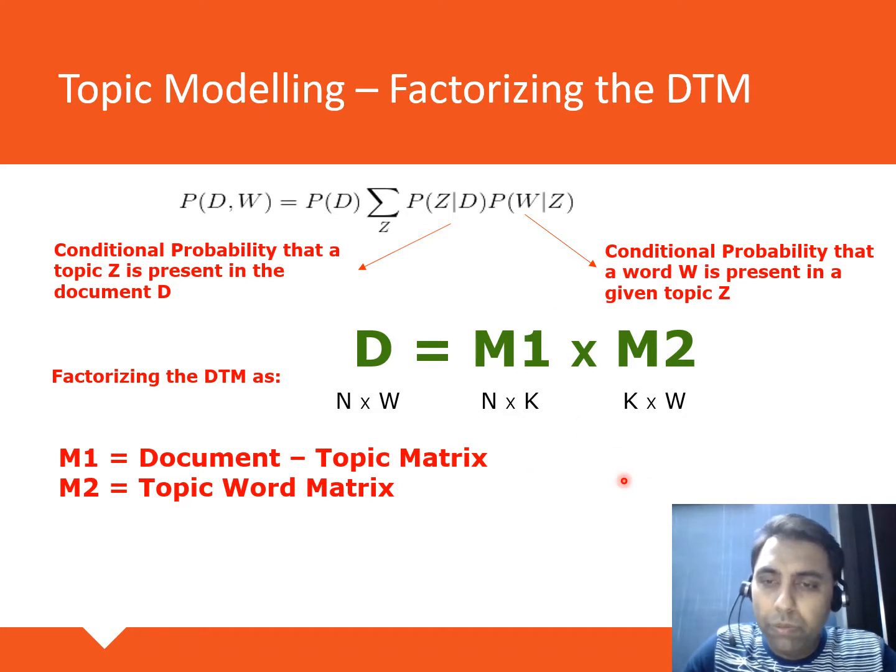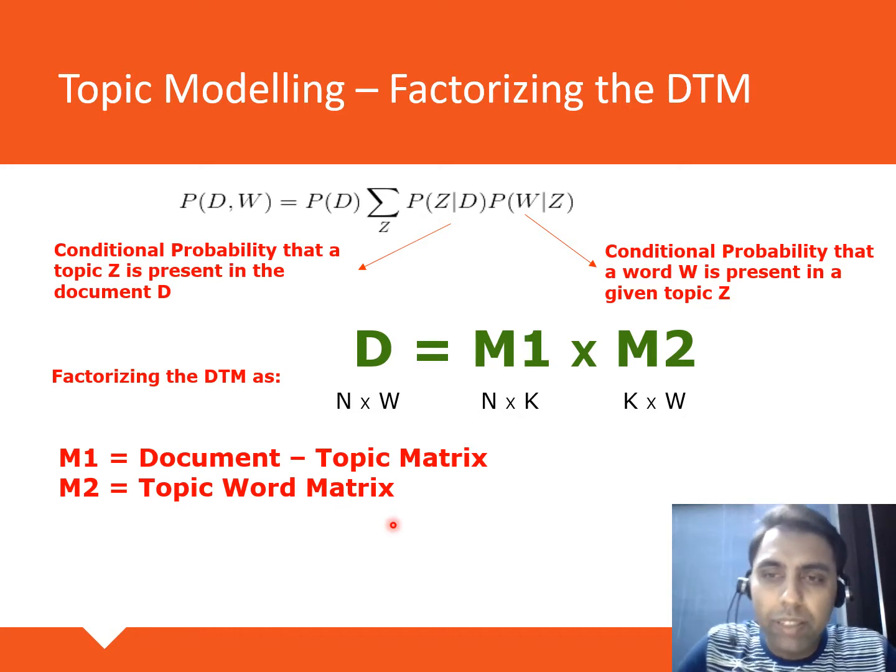Similarly, M2 has k rows, which is the number of topics you are aiming to have, and the number of columns in M2 is equal to the size of your vocabulary, which is the number of unique words. So again, M2 can be conveniently interpreted as the topic word matrix, right?